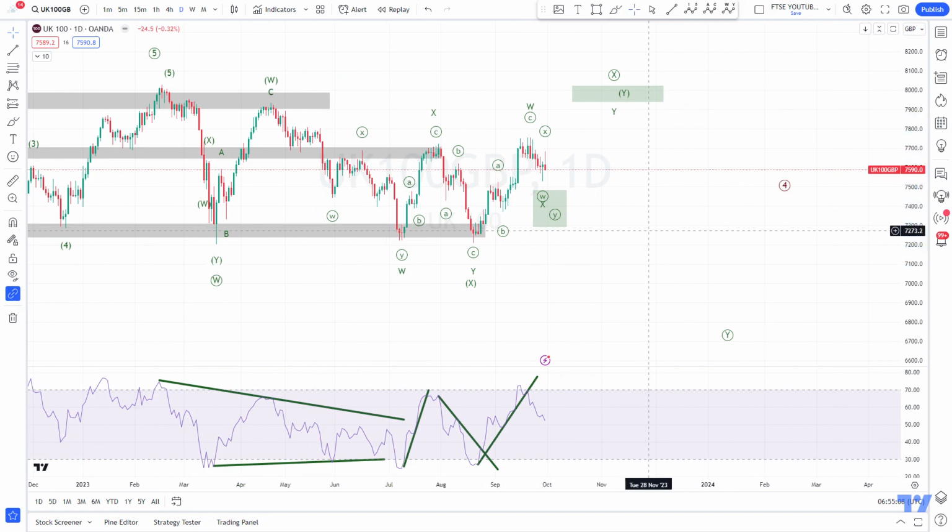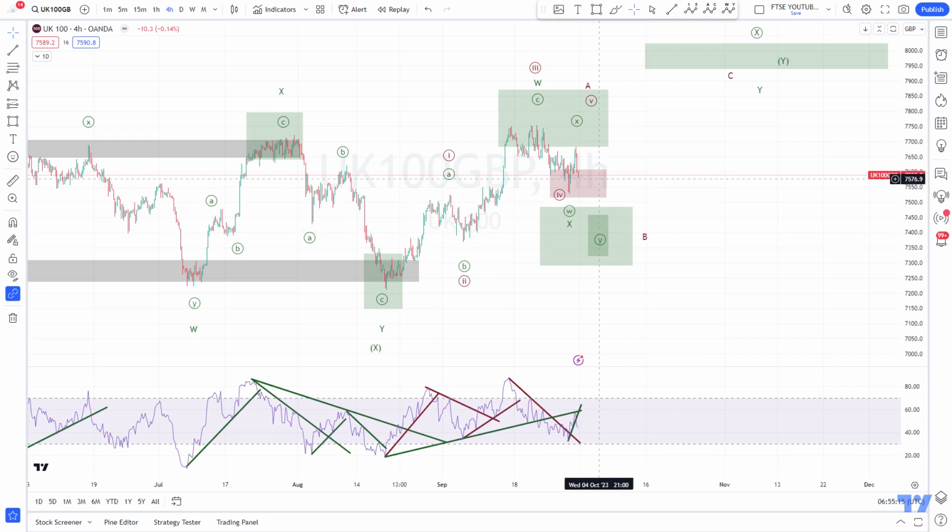So until yesterday, I had the A, B, C as my primary scenario, and the W, X, Y as a secondary scenario, and I switched these two scenarios.